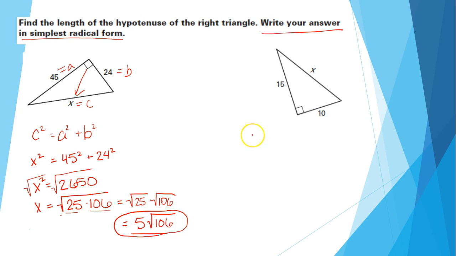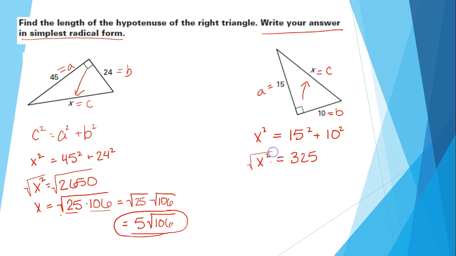Okay, so let's go ahead and do it again. Again, this is opposite of the 90-degree angle. It is my hypotenuse, my value of C. I'm going to label these my A and my B and plug everything in. So C squared, which is X, equals A squared plus B squared. And now square these values, add them together, and you get 325.